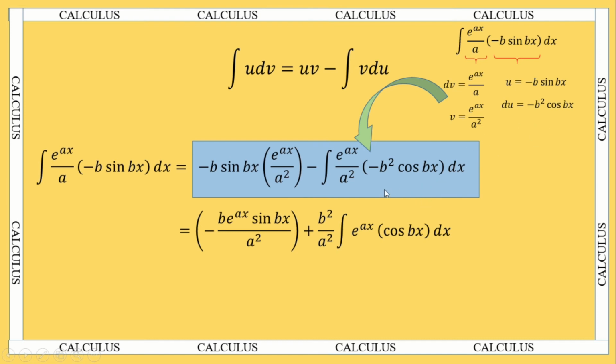It will be like this, and here I just simplify. I take out negative b power of 2 and a power of 2 from the integral, and it will be like this.